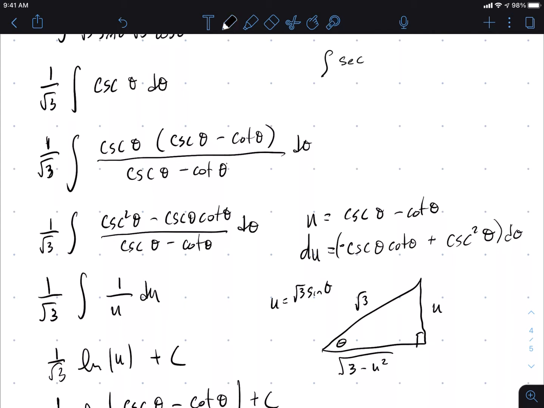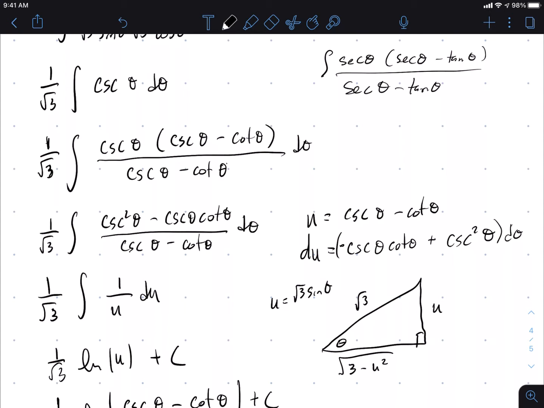So if you have secant theta, you multiply by secant theta minus tangent theta. Is it minus? What's the derivative of secant? Secant theta tangent theta, right? Let me make sure, because I want to have the correct substitution for you. Secant theta minus tangent theta.